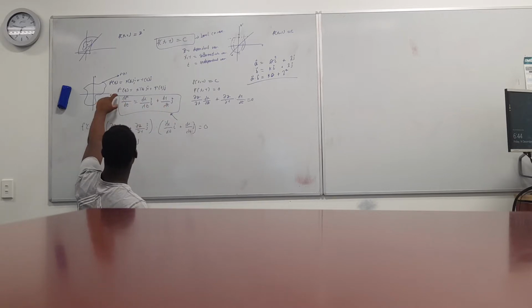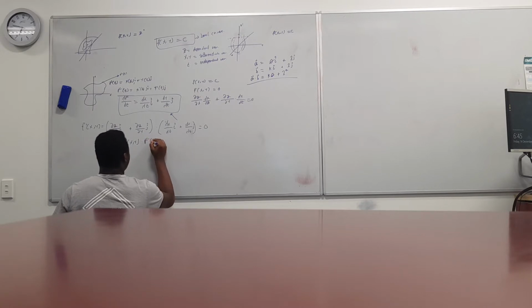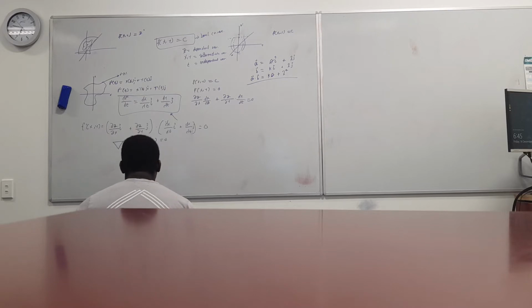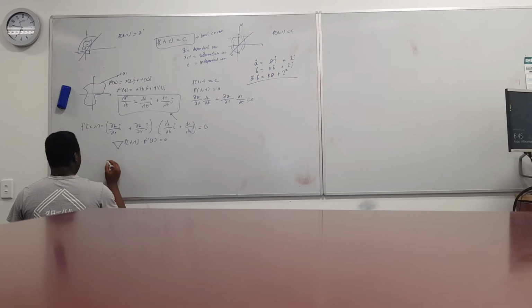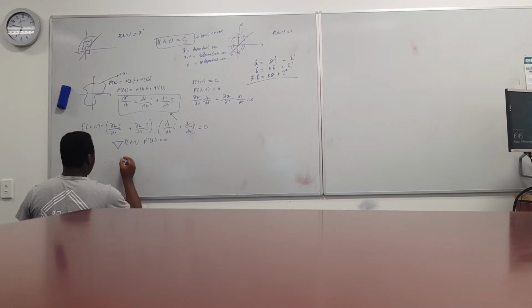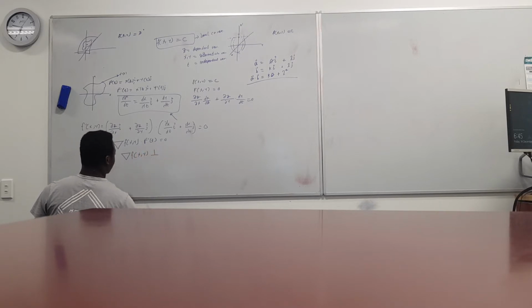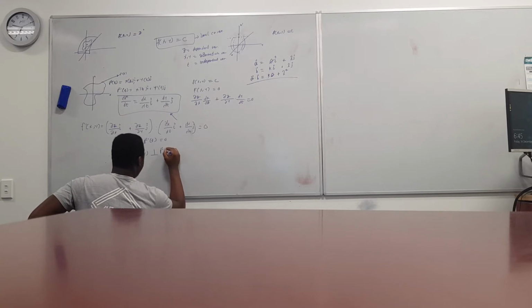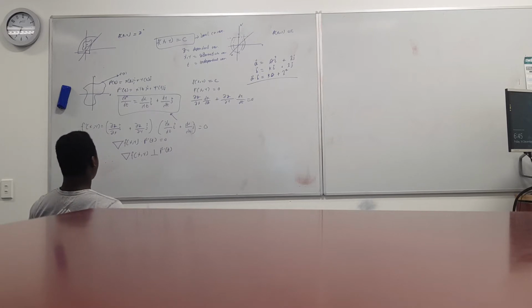So this is r prime of t from here equal to 0. And when the multiplication by dot product of two vectors is equal to 0, that means, therefore, it's orthogonal. That's what that simply means.